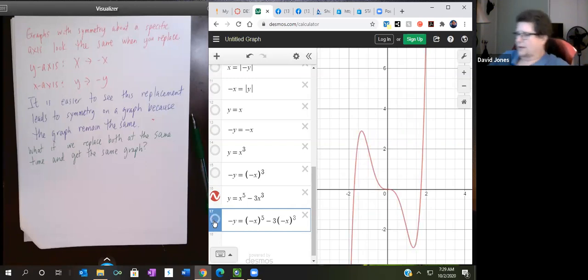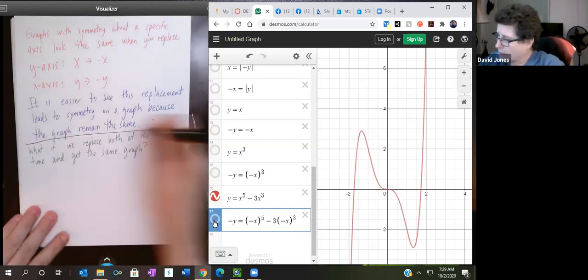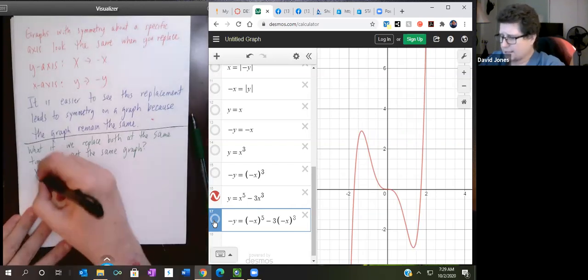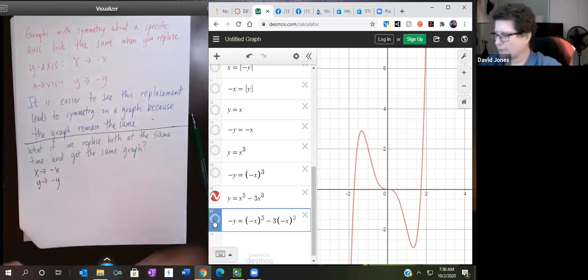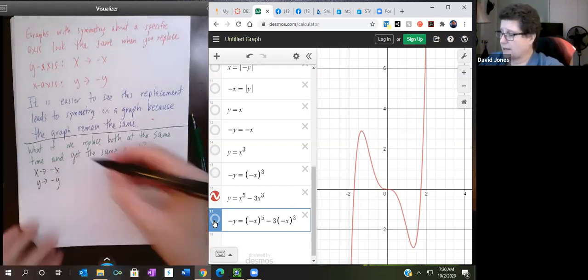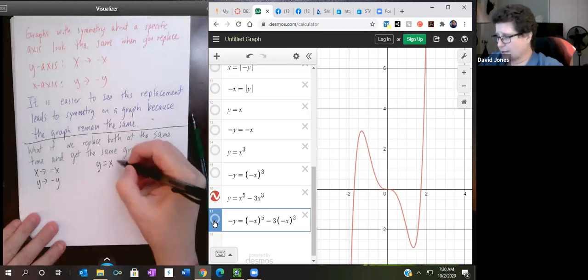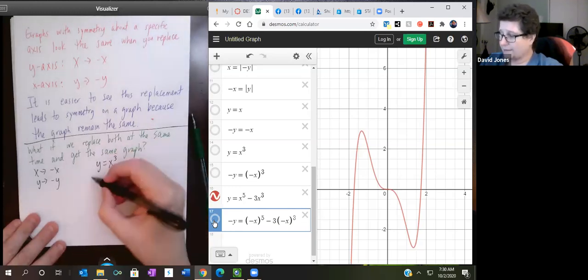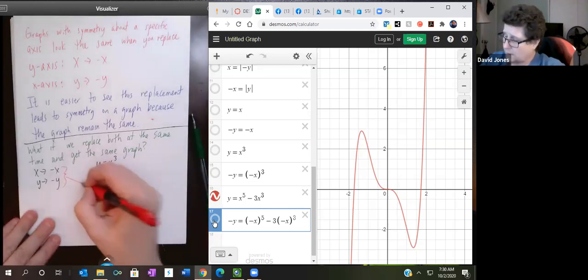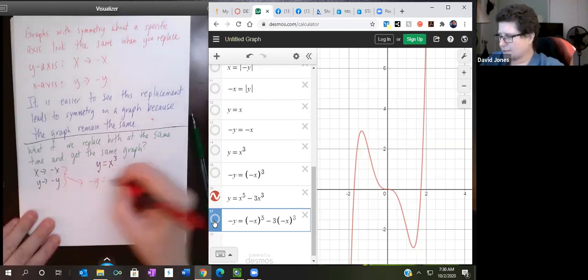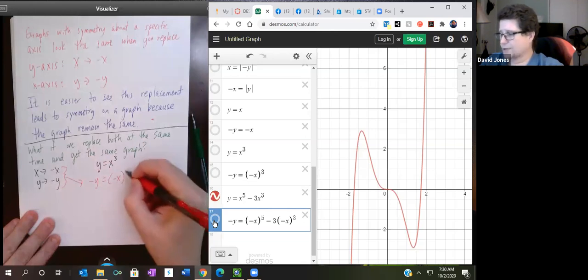So what's going on here? We do x to negative x and y to negative y. Let's look at just y equals x cubed. We have y equals x cubed, and I replace them both with negative. Get negative y equals negative x cubed.